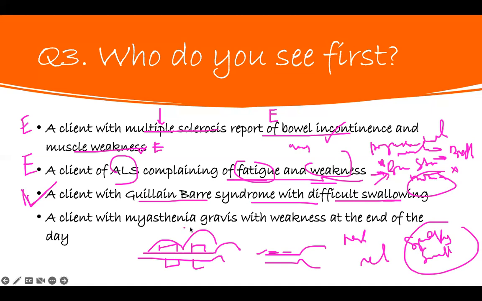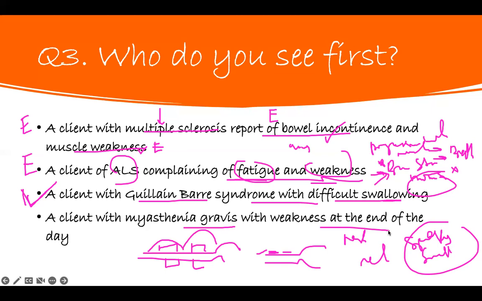The client with myasthenia gravis with weakness at the end of the day. You know myasthenia gravis. Its problem is the acetylcholine receptors. There's an antibody destroying it, so it binds to the acetylcholine receptors, and the normal acetylcholine doesn't bind.